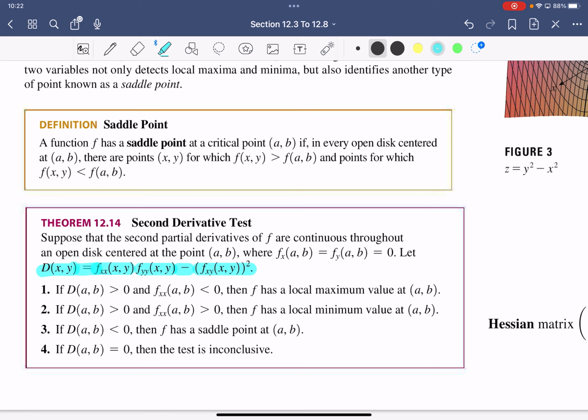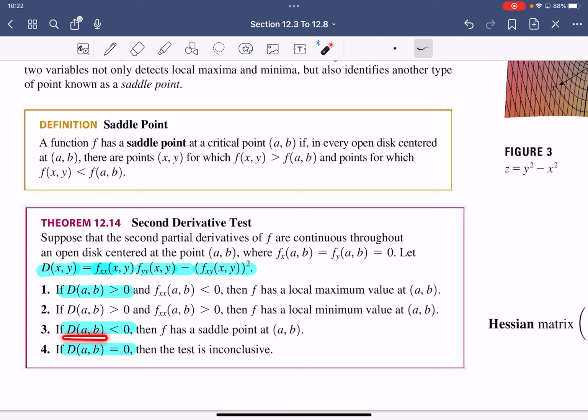Once you compute this term D, you take a look at D greater than 0, D less than 0, or D equal to 0 when you plug in (a, b). If D is equal to 0, it means the second derivative test is inconclusive. So you don't know anything about that point.